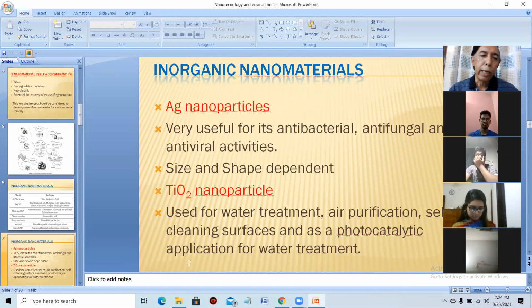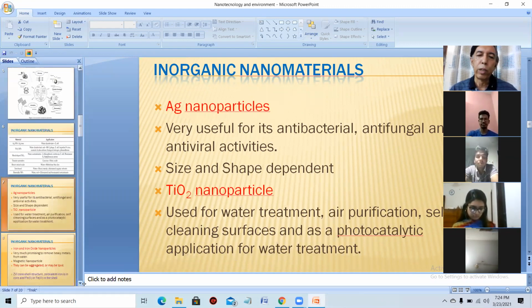Now, titanium oxide nanoparticles are also used for air purification. That means the contaminants or pollutants present in air are absorbed by the titanium oxide. So you can purify air also with titanium oxide nanoparticle. It is also used for water treatment.